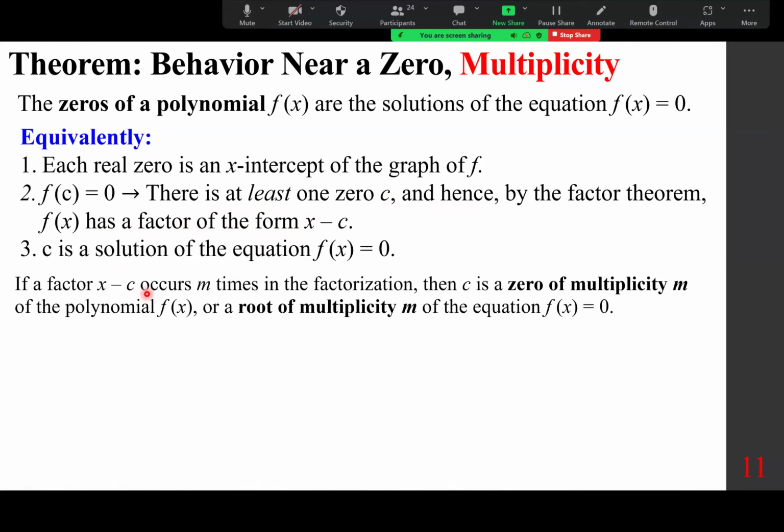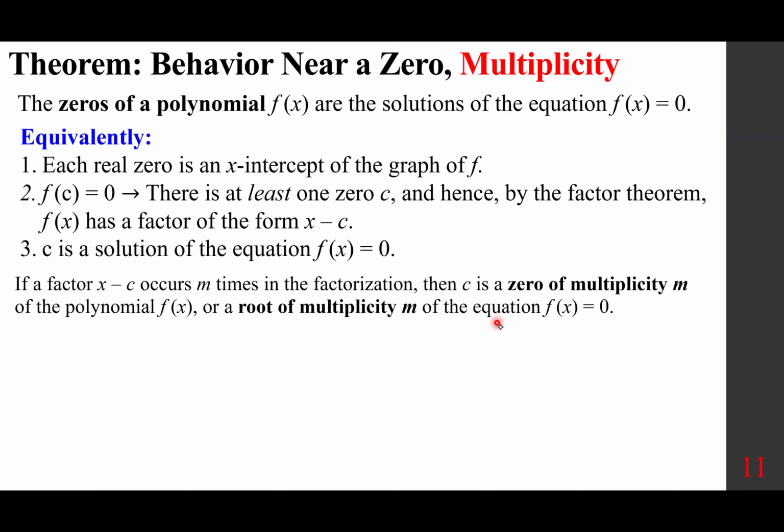If a factor x minus c occurs m times in the factorization, then c is a zero of multiplicity m of the polynomial f of x, or a root of multiplicity m of the equation f of x equals 0. So the concept of multiplicity is extremely important.